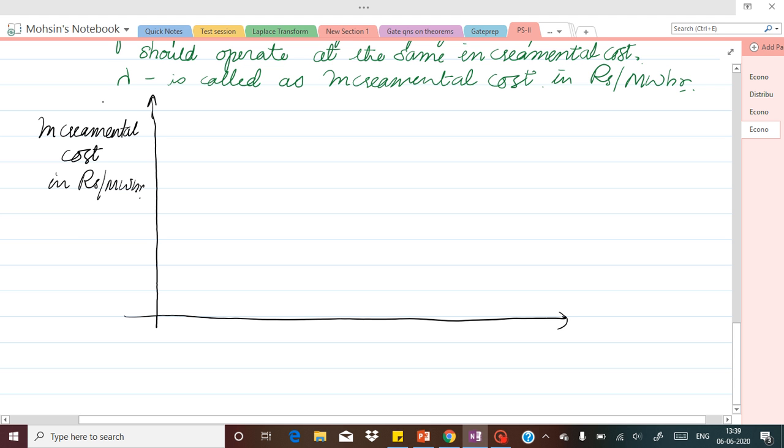Okay, so this is the input here, and what is output here? Output is power output in megawatt.